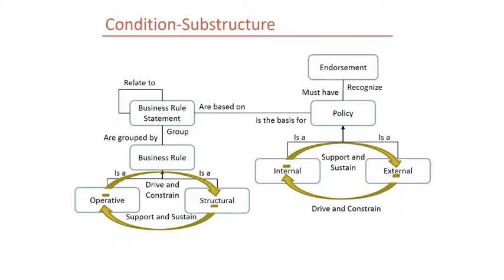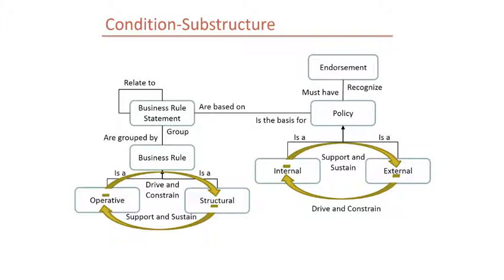Now, policies are the basis for what I call business rule statements or groupings of business rules. And these can relate to each other. So business rule statements are grouped together with other business rule statements. And inside them, we actually have individual business rules, which are conditions.